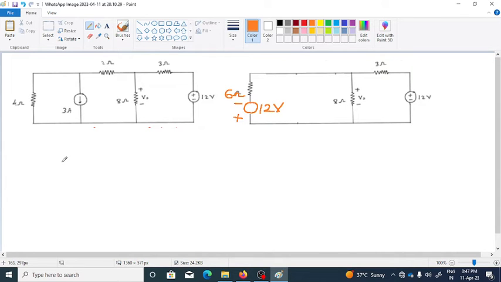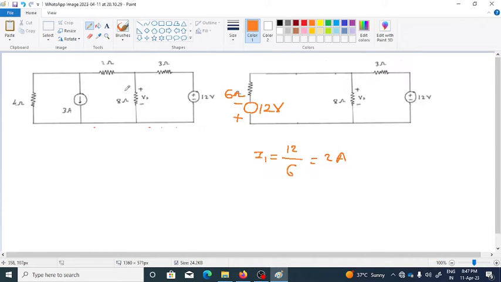So the equivalent current source for this combination, let us say I1, will be equal to this 12 volt divided by 6 ohm, it will be 2 ampere.